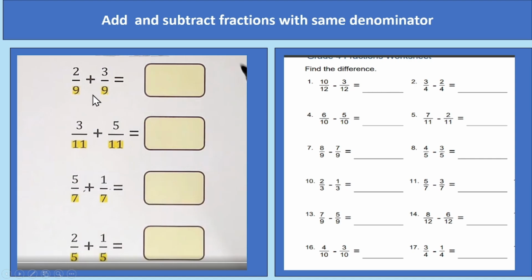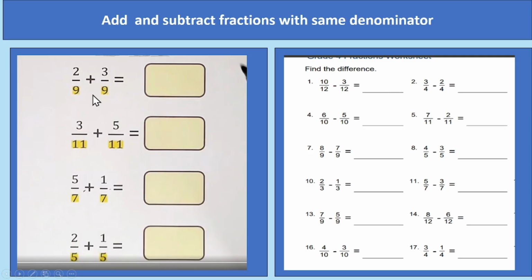When we have fractions with the same denominator, we will put the denominator as it is. Then we will do the operation. The operation is add, so we will add 2 plus 3 and put it in the numerator, and the denominator will be as it is. So here we add 2 plus 3 and get 5, and the denominator is down here as it is.